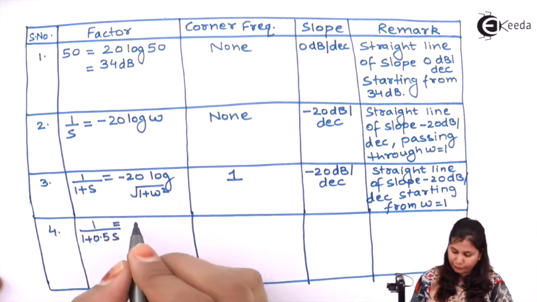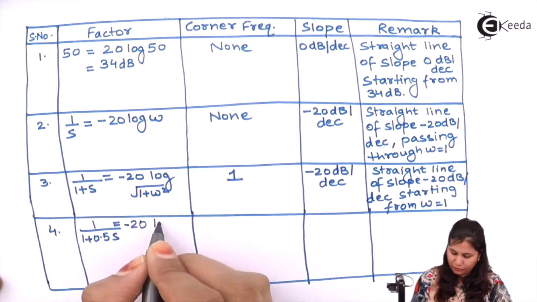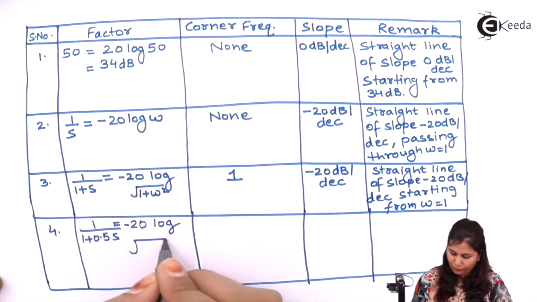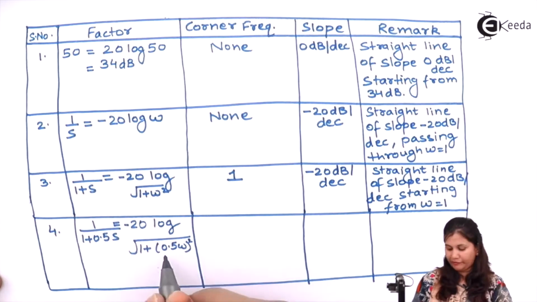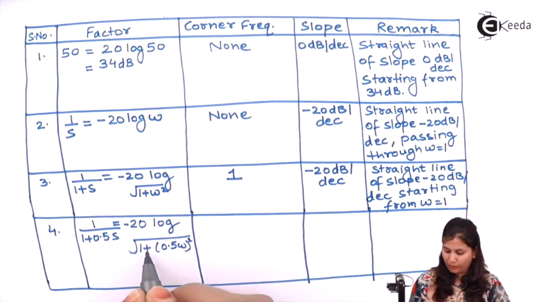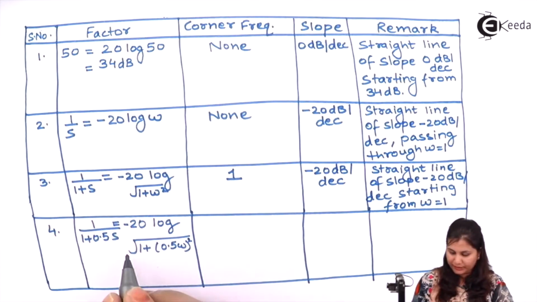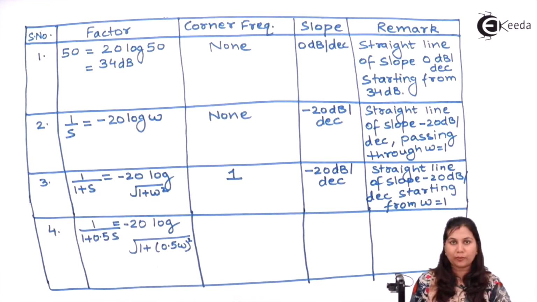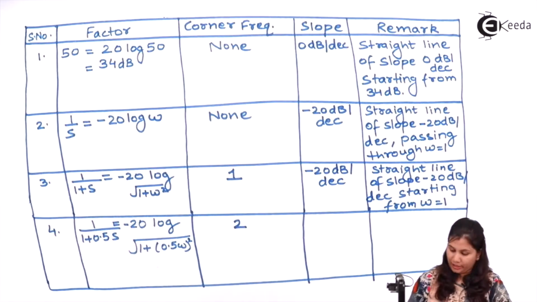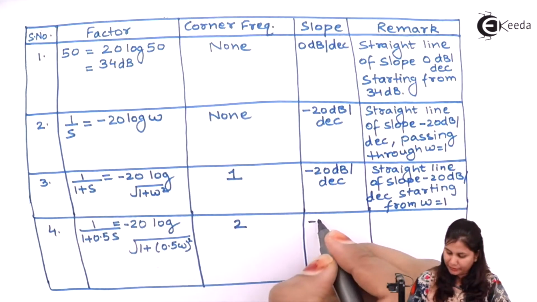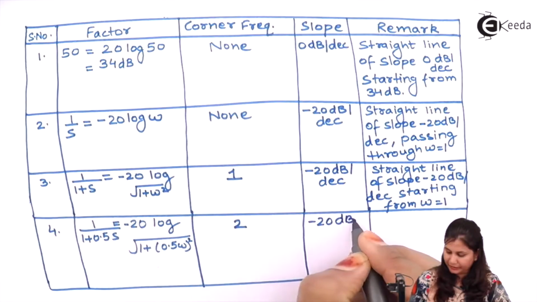So its magnitude will be minus 20 log under root of 1 plus 0.5 omega whole square. Corner frequency will be 1 upon 0.5, that is 2. Okay, and the slope will be minus 20 dBs per decade.